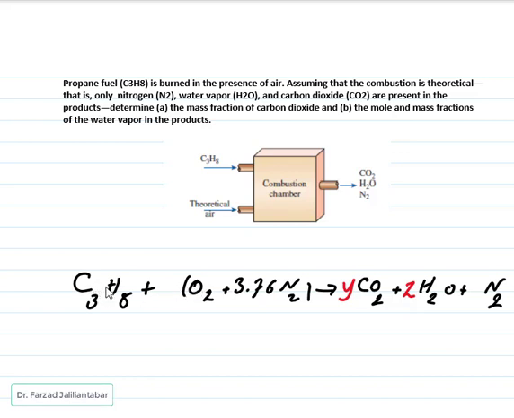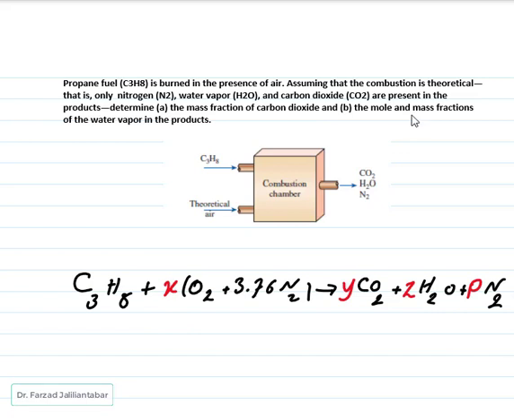We can imagine we have only 1 mole of the propane, and we also don't know how much air reacts with this propane, so we can write X for the oxygen and P for the nitrogen.